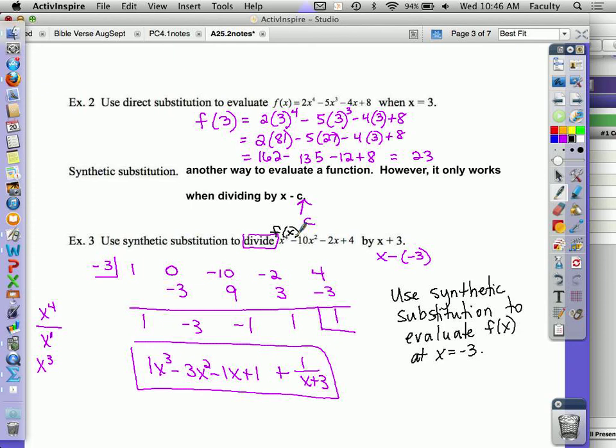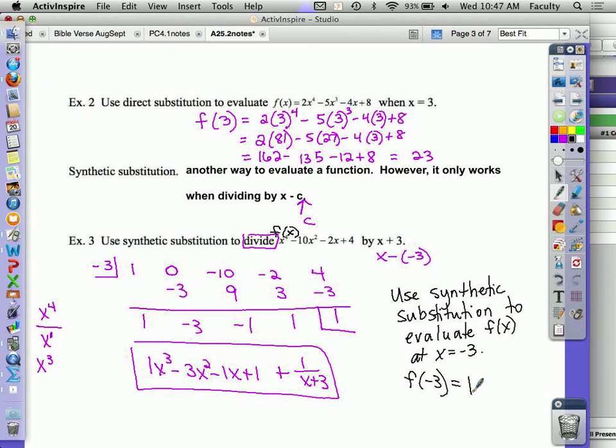What's so cool about synthetic substitution, this is what we're doing with synthetic division right now, but do you see there's negative 3? The answer to f of negative 3 is the remainder. This is mind-blowing. I don't know if you get this.